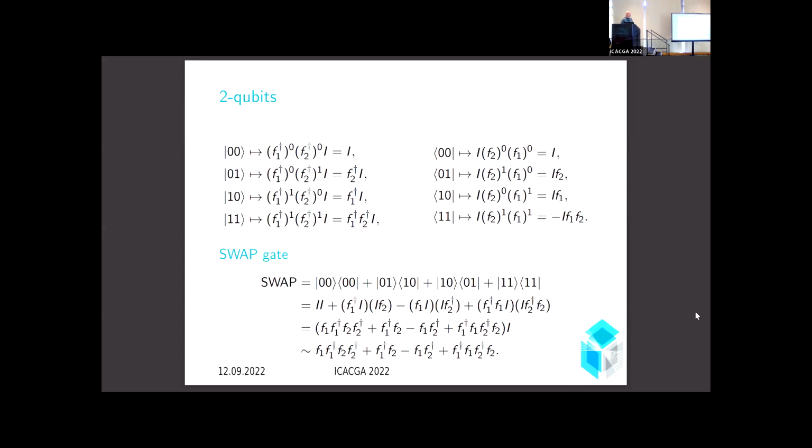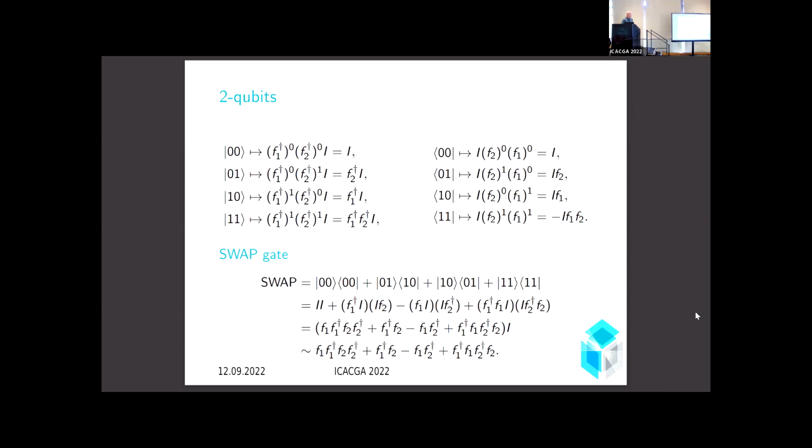If we would like to represent any gate, for example the swap gate, the gate can be realized as a matrix or in the direct formalism. The swap gate is just the matrix 0, 1, 1, 0, which is, this is the 1 on the first row, second column.